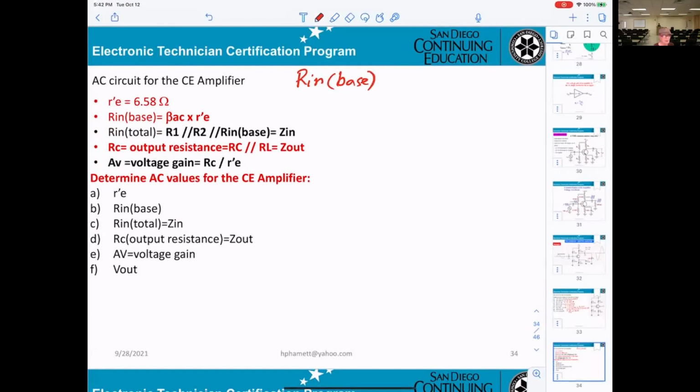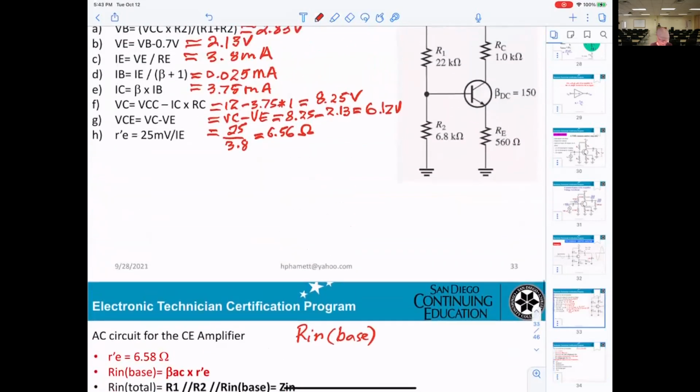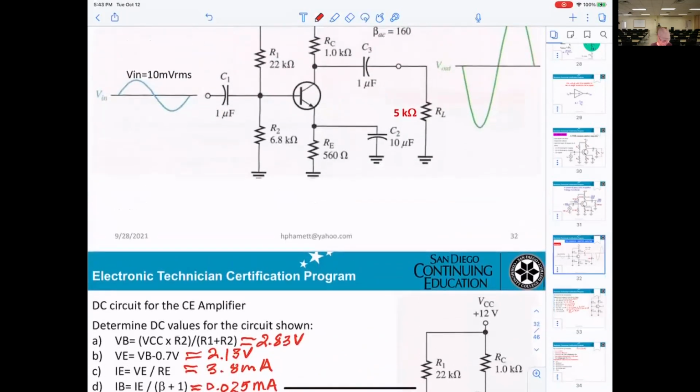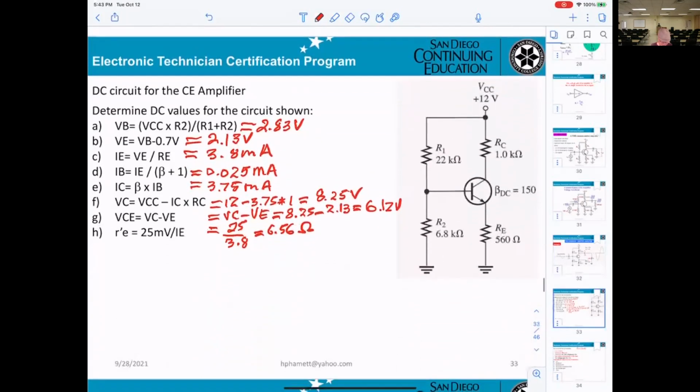Exactly. You have to go into more detail. R in base means the resistance from the base to the ground. If you're looking into here, the resistance from the base right here to the ground here. That's what they're looking for.